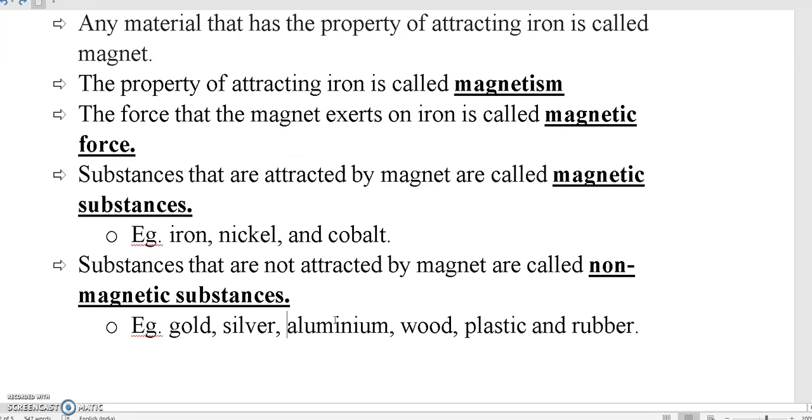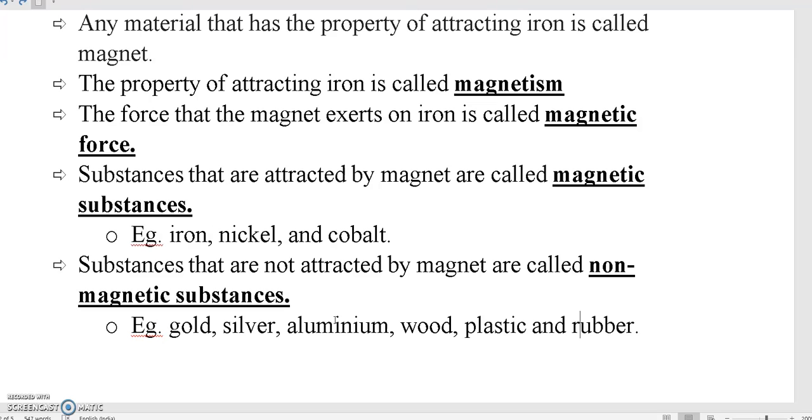Gold, silver, aluminum, wood, plastic and rubber are not attracted by a magnet. You must have played with magnets, so you know that you can't make plastic, rubber or wooden objects get attracted by a magnet.